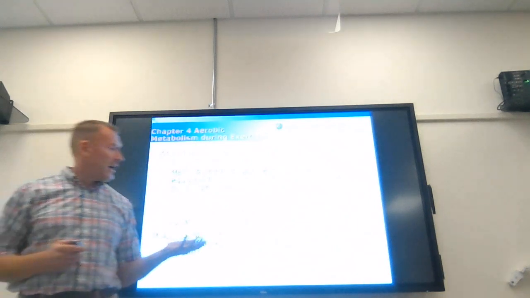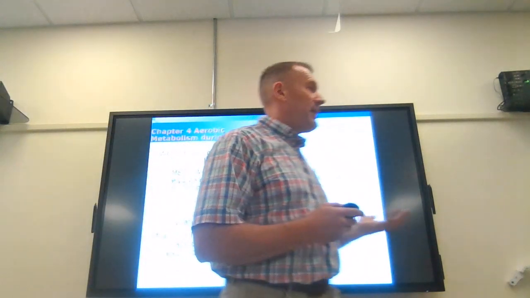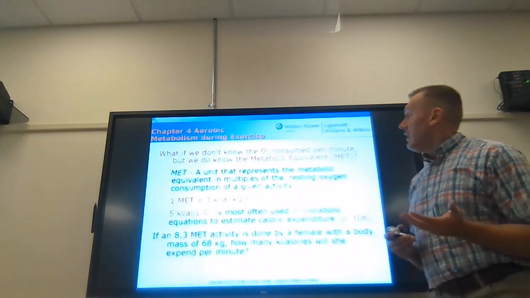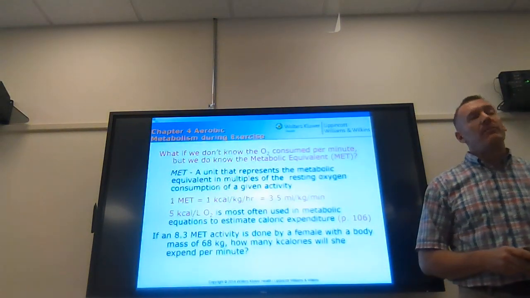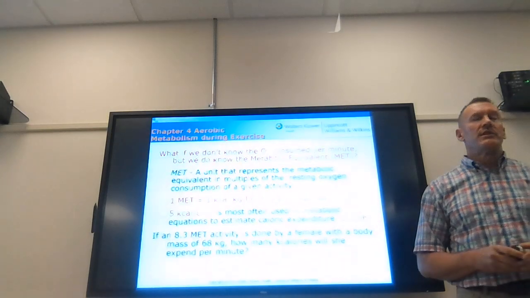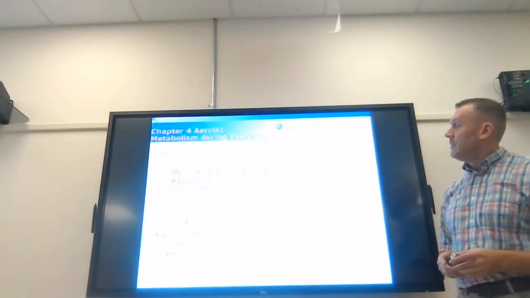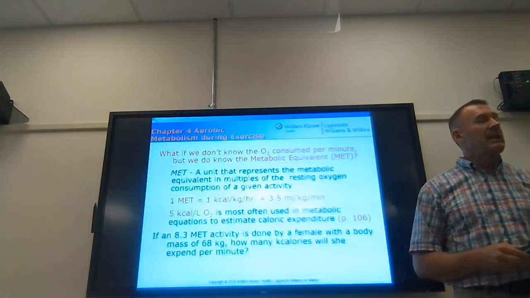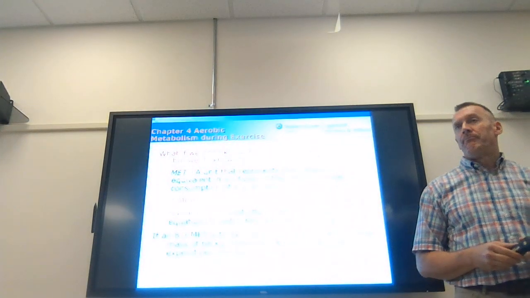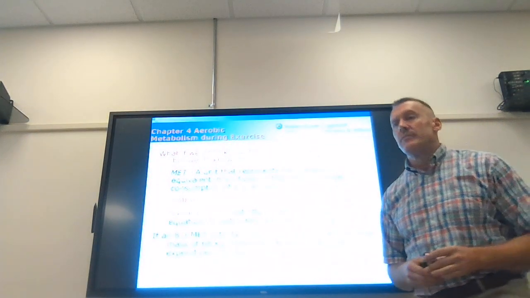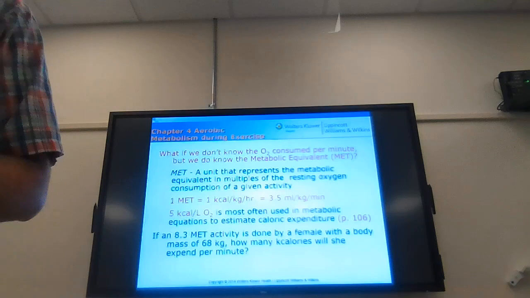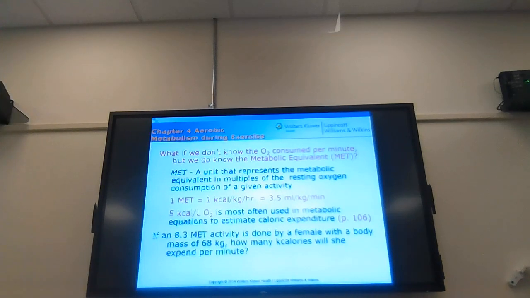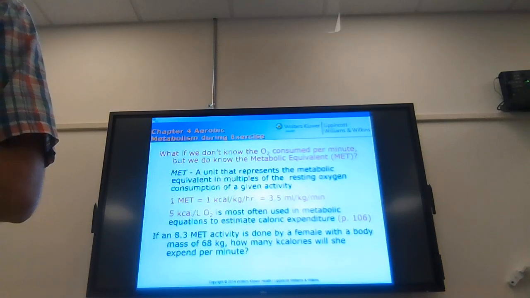So you multiply 8.3 by 3.5, and you should get a certain milliliters per kilogram per minute. So tell me what you get when you multiply those together. Say it louder. 29.05 milliliters per kilogram per minute of oxygen.